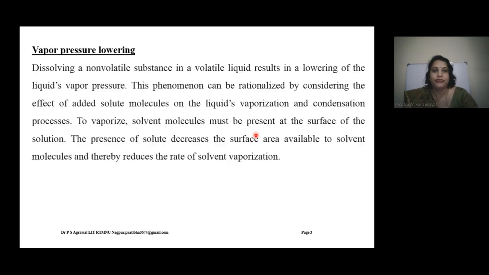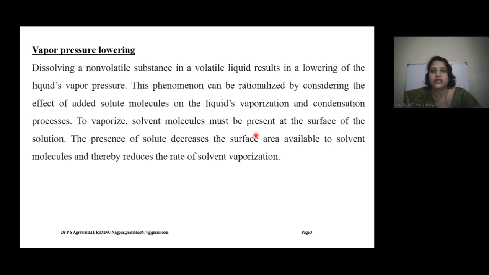Now we will see vapor pressure lowering. Dissolving a non-volatile substance in a solvent which is volatile results in the lowering of the liquid's vapor pressure. This phenomenon is considered by looking at the effect when the non-volatile solute is added, and we can see the vaporization-condensation process.